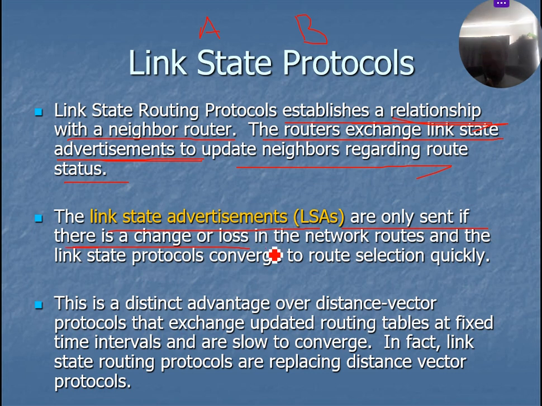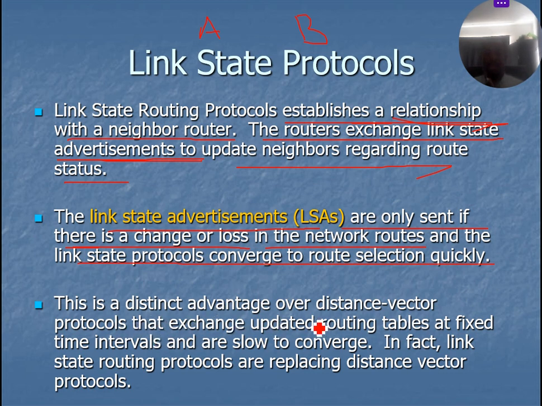So if there is no loss in the network route, this is not necessary. Then the link state protocol converges to route selection quickly. So when there is a change, the link state advertisement will be sent between the two routers that have established a relationship, and then they will converge to select which route is best for use.